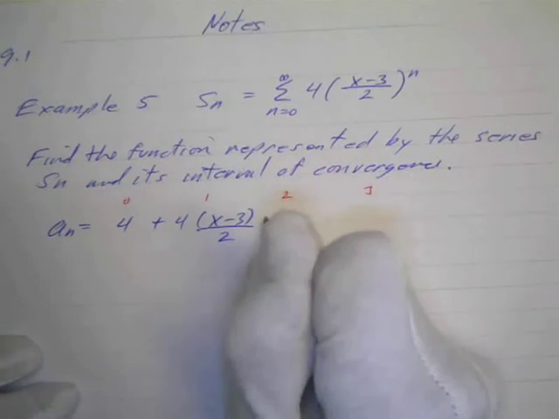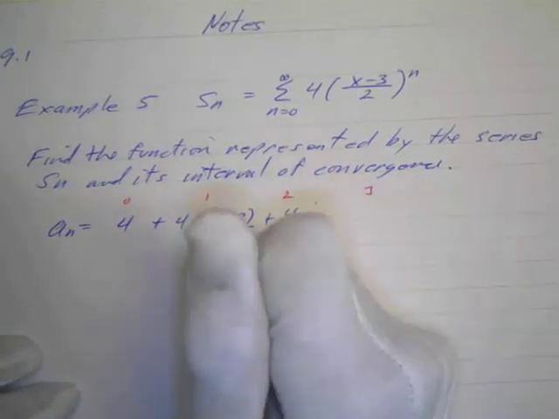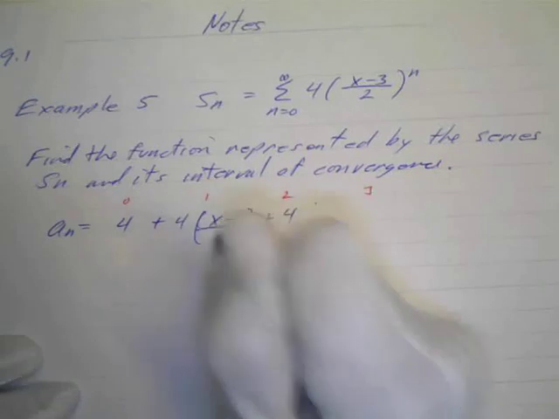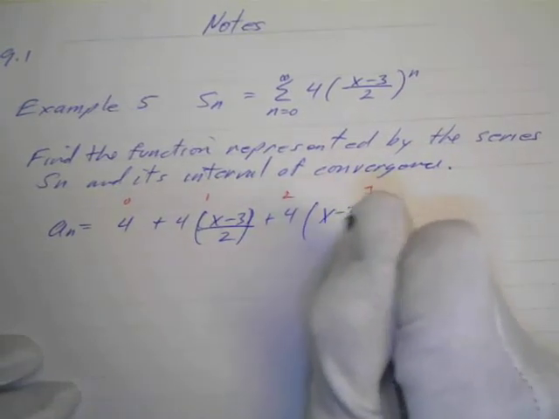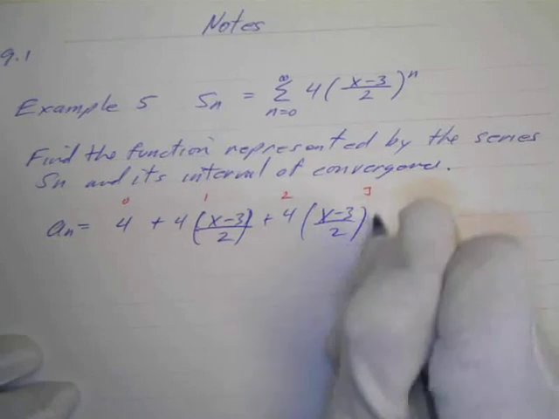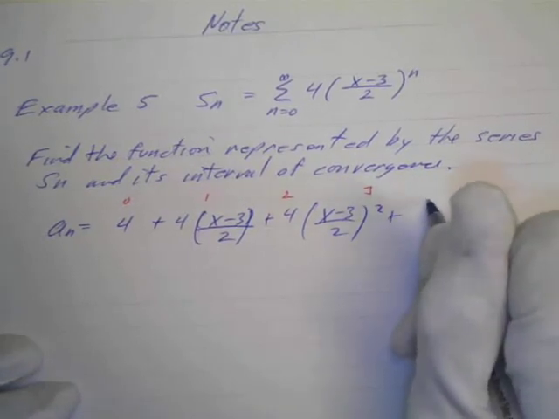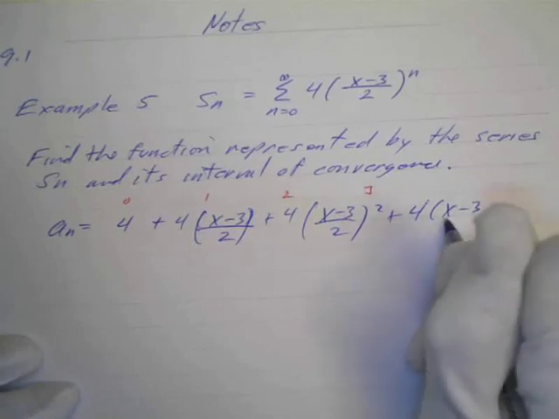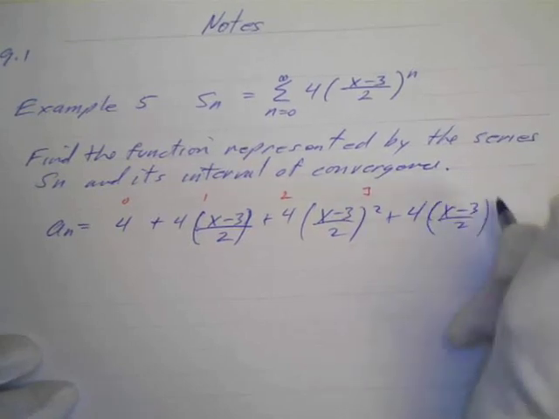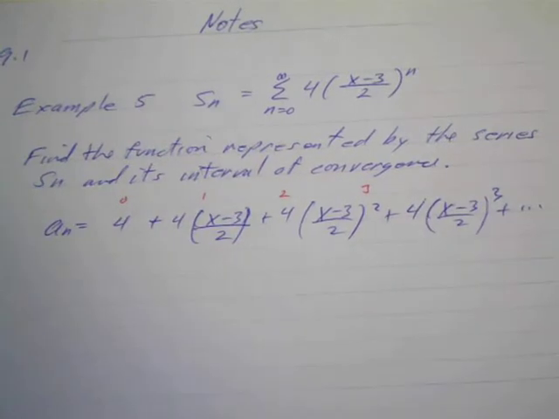And when n is 2, we have 4 times, that should be all in parentheses, shouldn't it? Excuse me, like that. (x minus 3) all over 2, squared, and when n is 3, we have 4 times (x minus 3) all over 2, cubed, excuse me, plus dot dot dot.